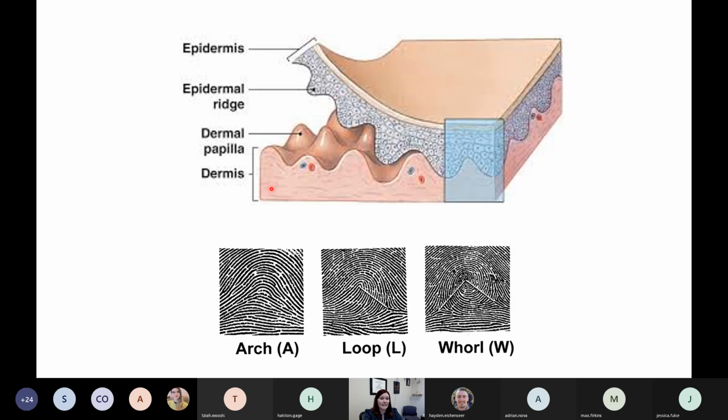Your DNA does dictate some of the factors that give us some of this pattern as well. So your DNA doesn't change. And what else doesn't change is the way that your dermis is built. My epidermis changes all the time. I'm constantly shedding off skin cells. That happens all the time. What doesn't happen all the time is my dermis changing its shape. My dermis is always the same shape.